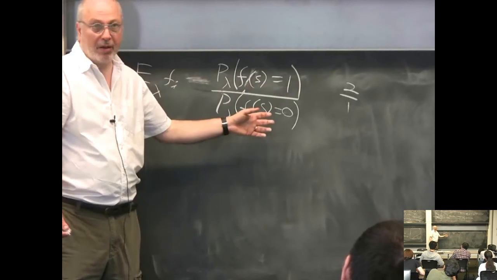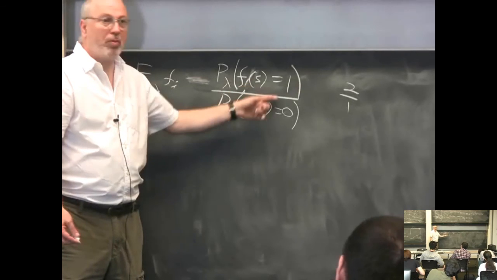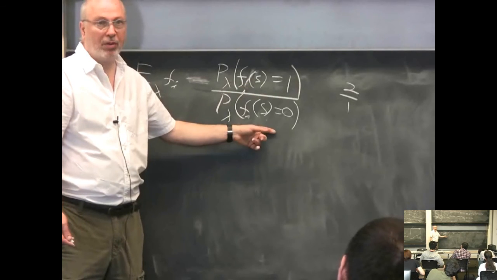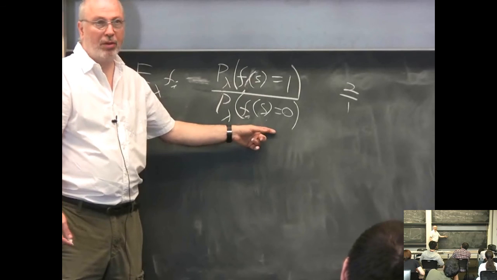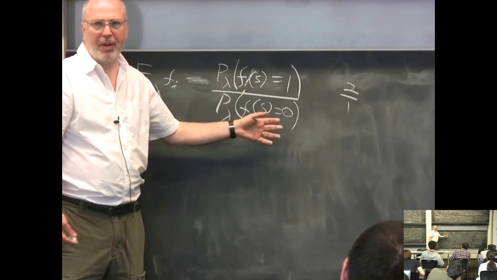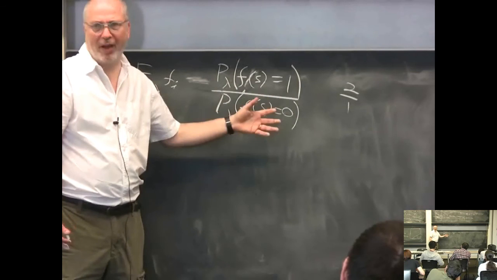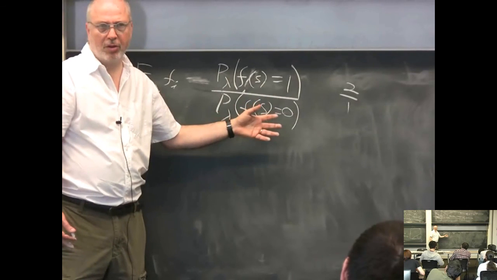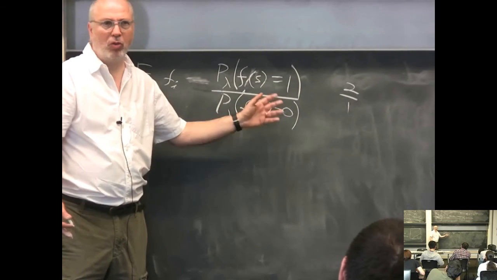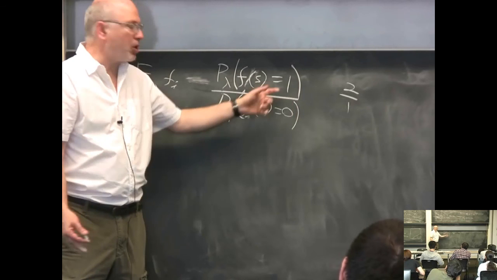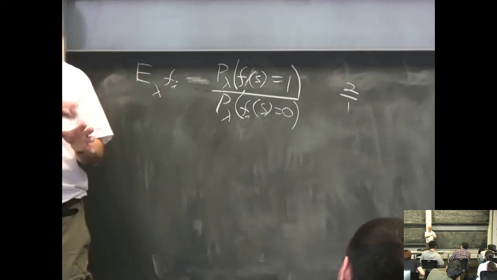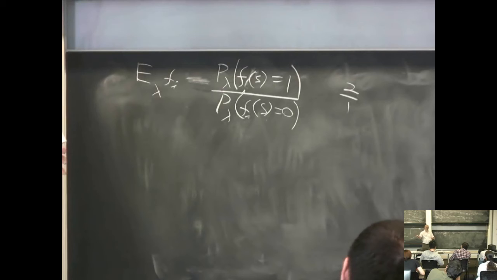If it's a binary feature, the sum of these two must be 1, right? And the same argument actually applies when there are more than 2 values for the feature. You basically don't need to normalize it because you just need to know the ratio of the probability mass that's assigned to each value. And you know that they all sum to 1.